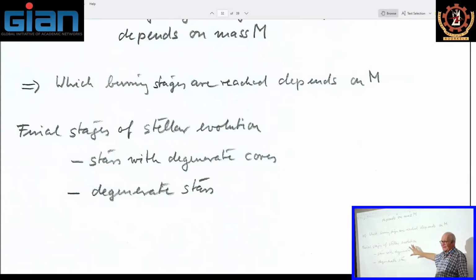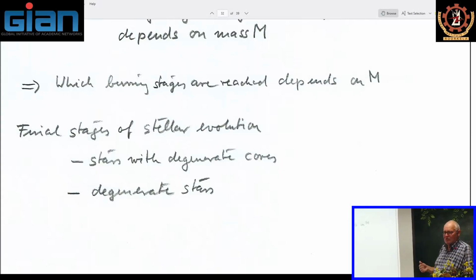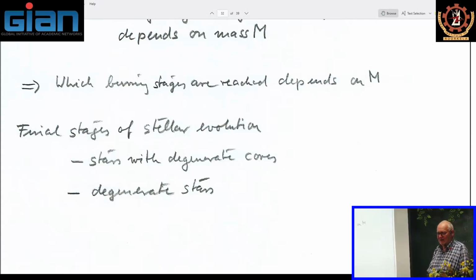These are the final stages of stellar evolution. In that way, degeneracy avoids the singularity in the temperature which would be present if the virial theorem were valid until the end of stellar evolution. So degeneracy, a quantum mechanical effect, is essential for stellar evolution.